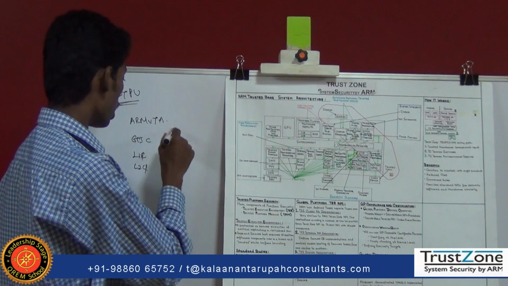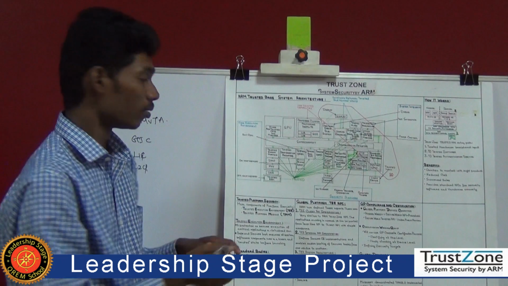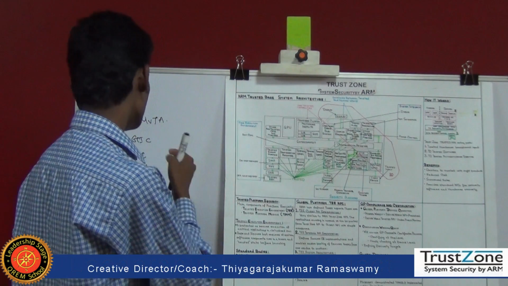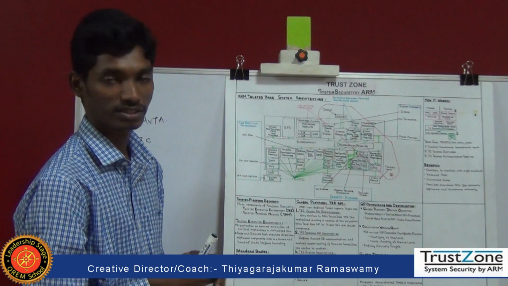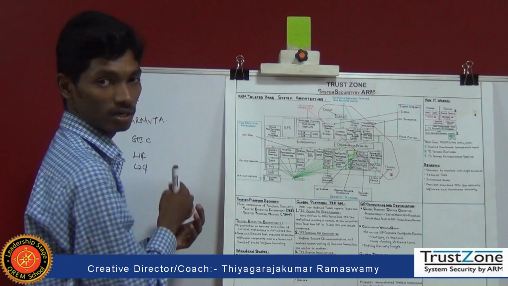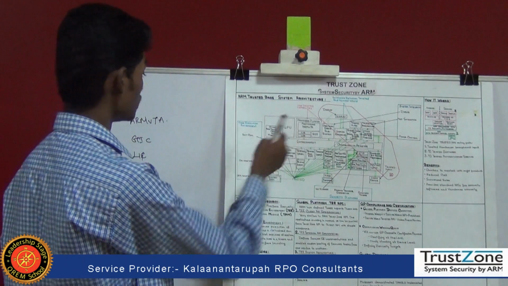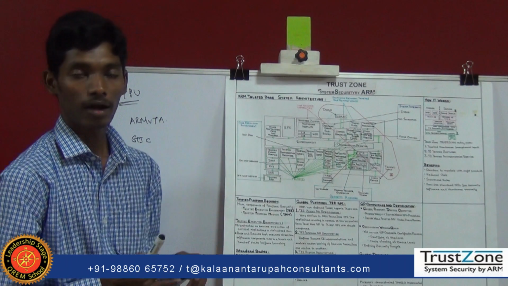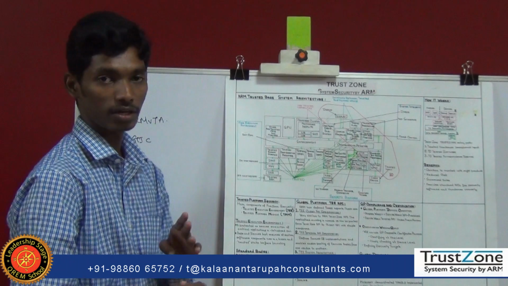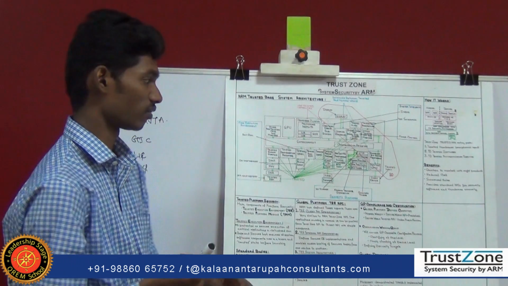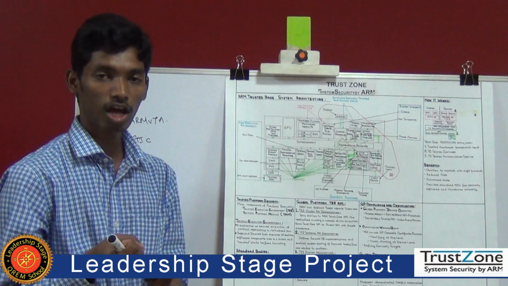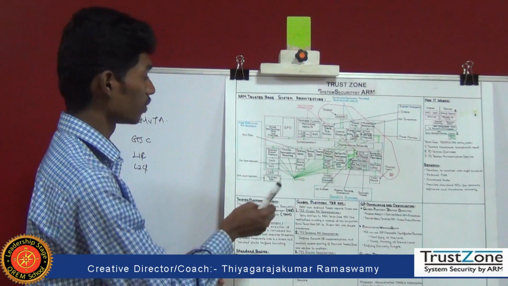First, the ARM processor, which we saw before, that is Advanced RISC Machine, which contains a 32-bit reduced instruction set computer architecture. The next one is GIC, that is generic interrupt controller, which is used to support the interrupts from the trusted execution environment, that is the normal OS interrupt and also the secure OS interrupt.